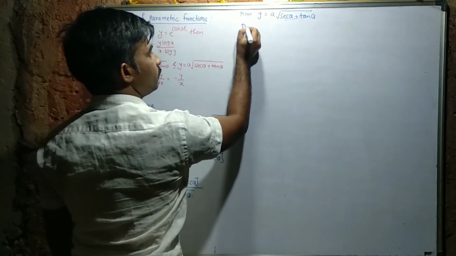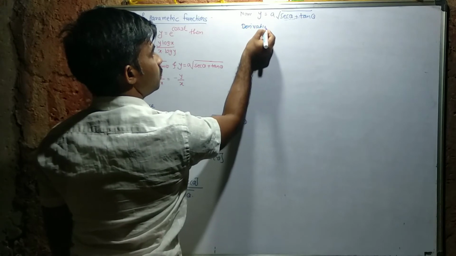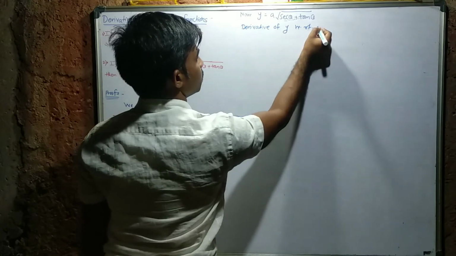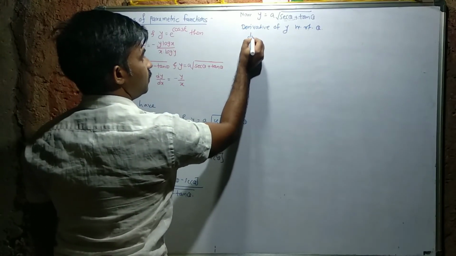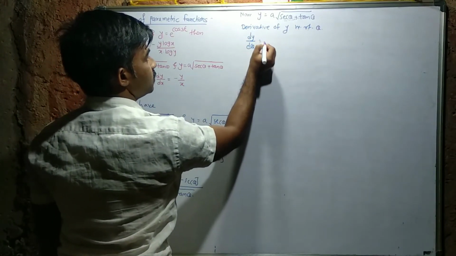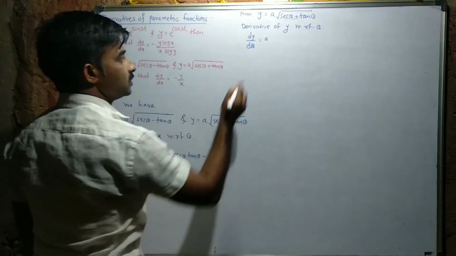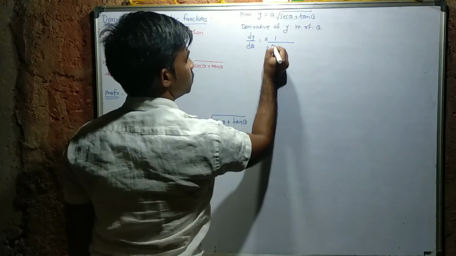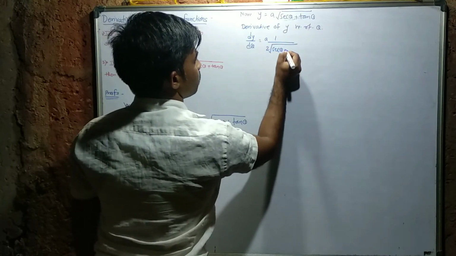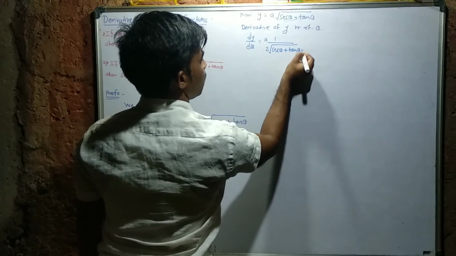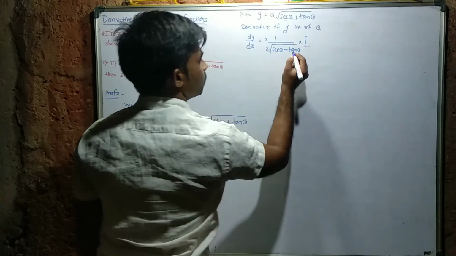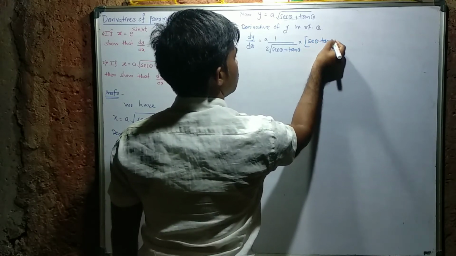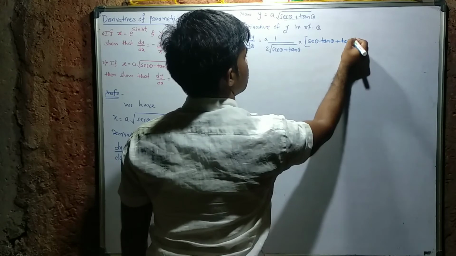Therefore, the derivative of y with respect to theta, dy by d theta, is equal to, once again a as it is, and the derivative of square root is 1 divided by 2 root sec theta plus tan theta, into the derivative of this, which is sec theta into tan theta plus sec square theta.